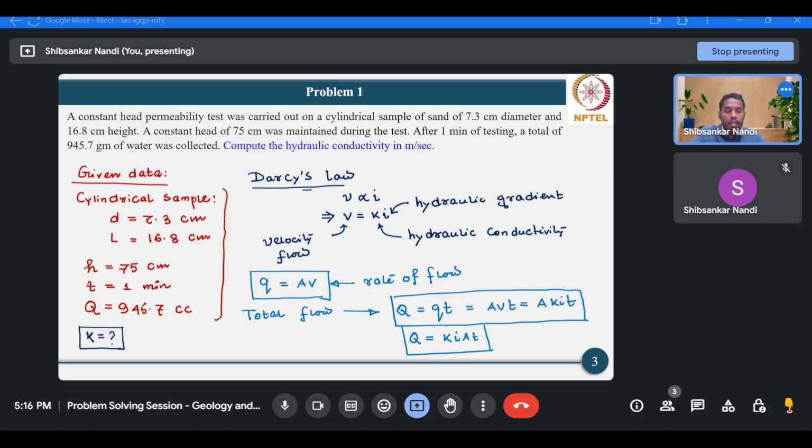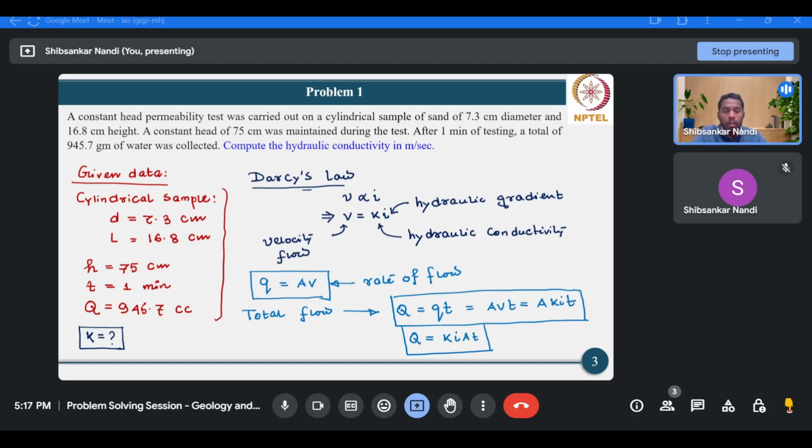Now as you can see in this equation, a total of 5 entities are involved. Which are those entities? The total flow Q, the hydraulic conductivity K, hydraulic gradient I, cross sectional area A through which the flow is happening, and the time duration T. Among these 5 entities, only one is unknown, and that is the hydraulic conductivity.